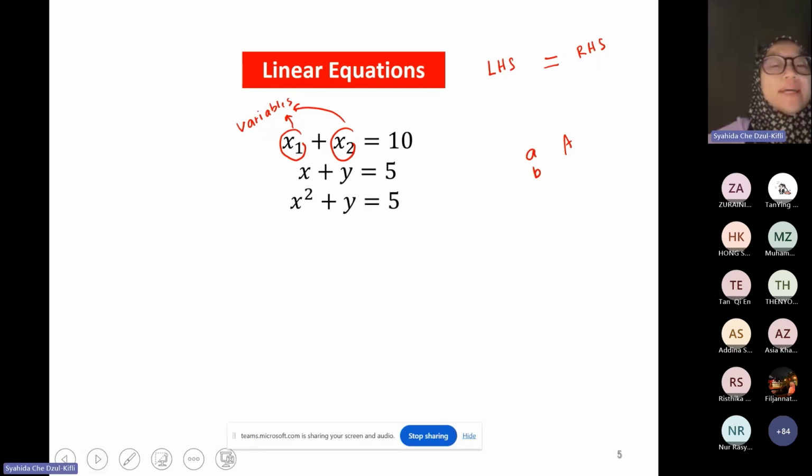And then we have another equation, x squared plus y equals 5. This is also an equation with two variables, x and y. But between these three equations, which are linear? Okay.